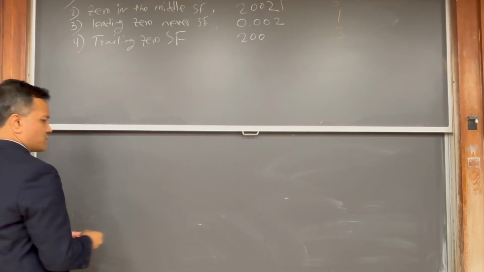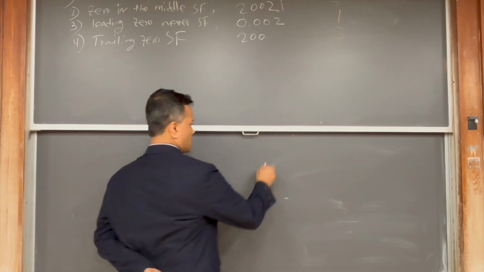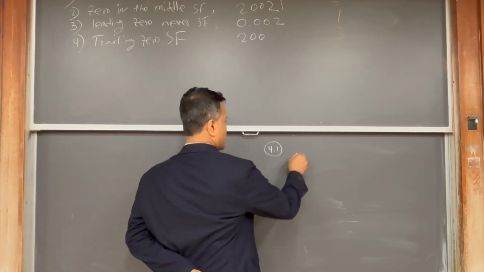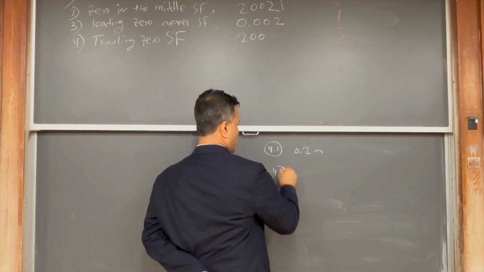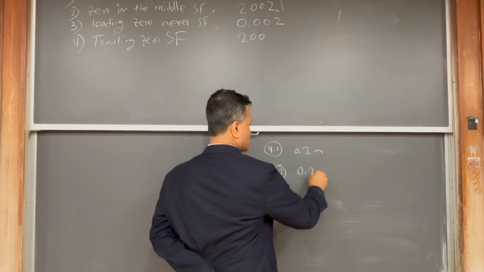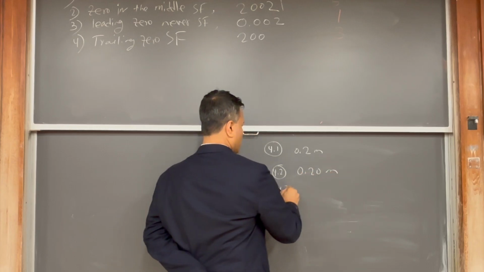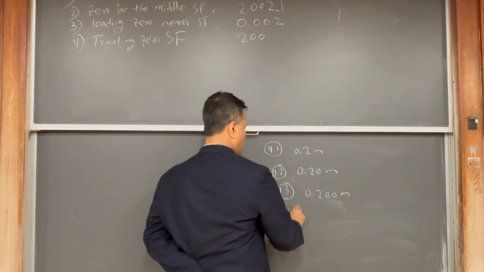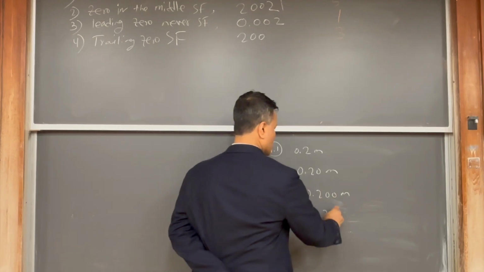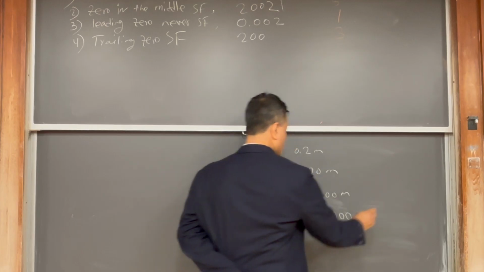Okay, so the extreme case would be this one. Number 4.1, I'm going to make 0.2 meter. 4.2, I'm going to make 0.20 meter. 4.3, I'm going to make 0.200 meter. 4.4, I'm going to make 0.2000 meter.